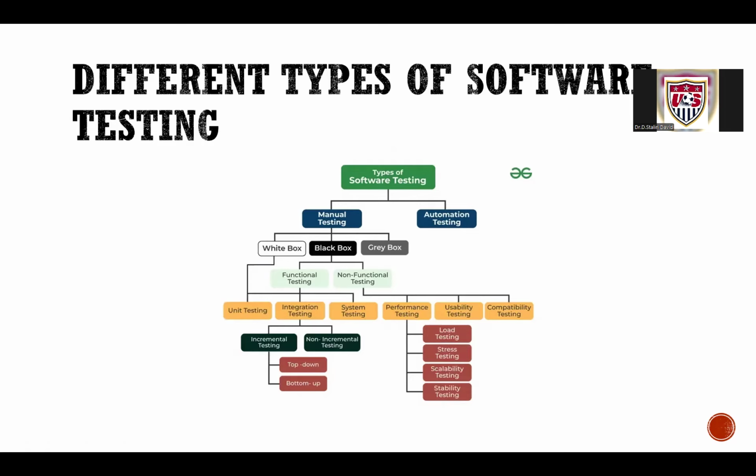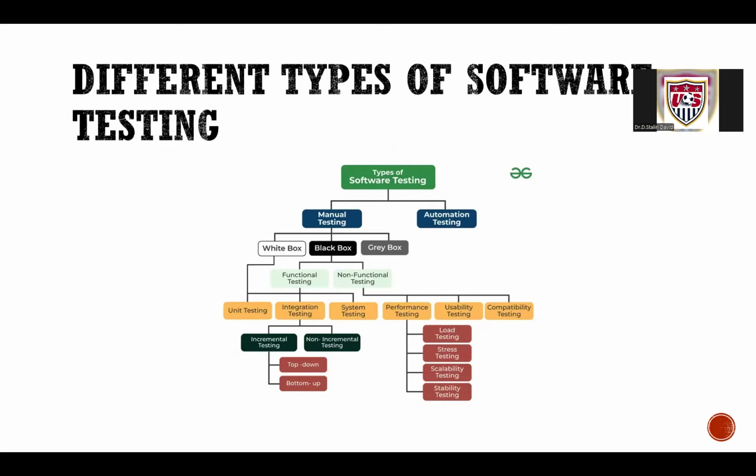In black box, there are two types of testing available: functional and non-functional. In functional, unit, integration, and system testing are available. In non-functional, performance, usability, and compatibility testing are available.